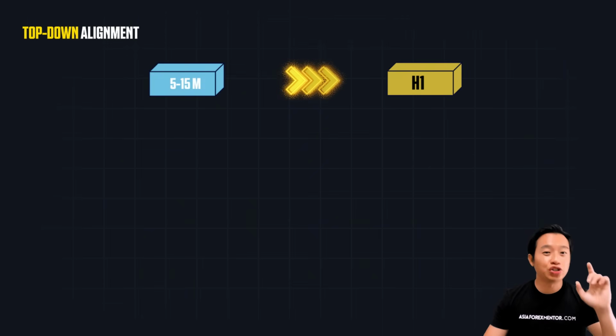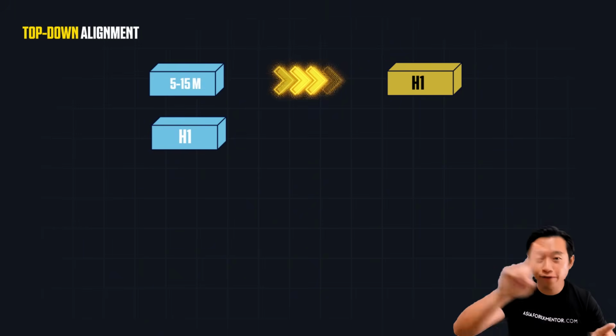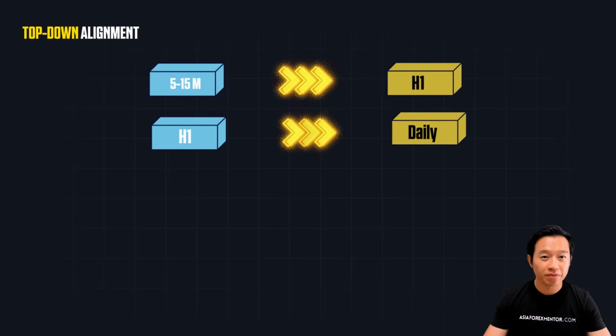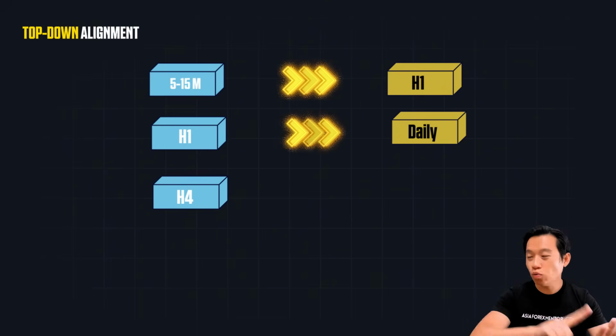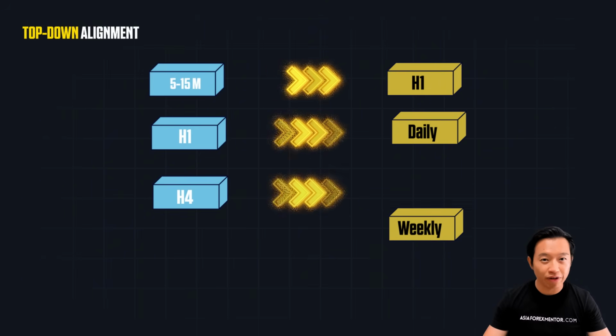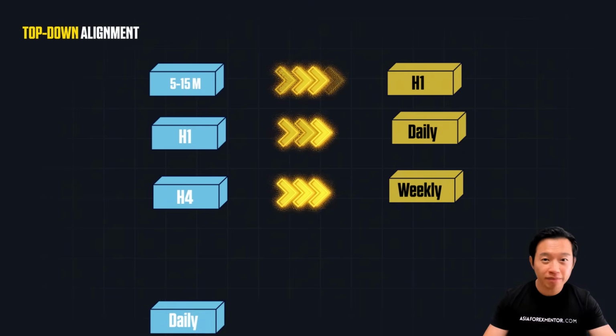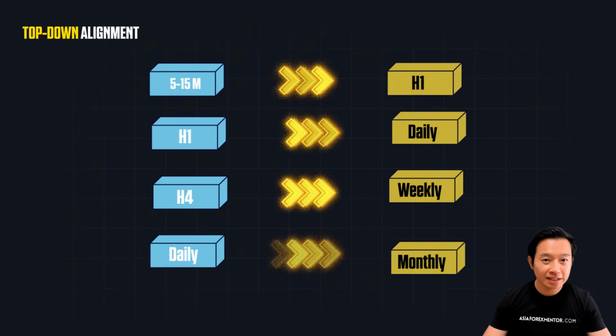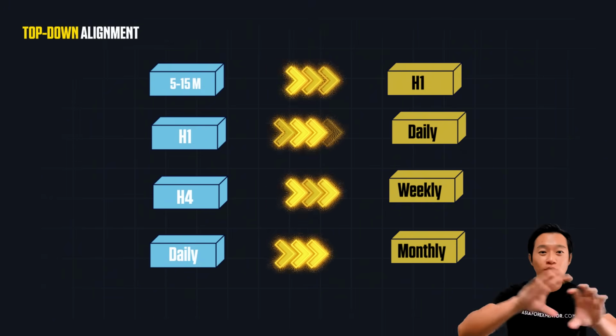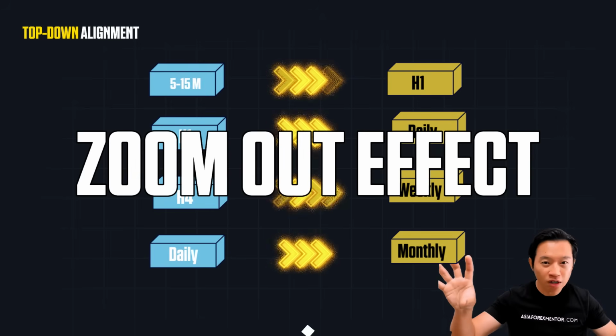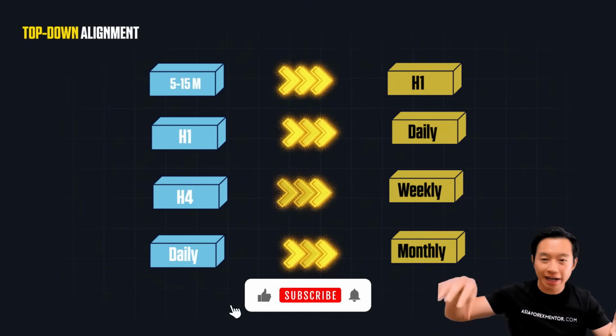If you're trading the hourly, your higher time frame is the daily. If you're trading the 4-hour, you would reference the weekly. And if you're trading the daily, you now reference the monthly. So this is the zoom out effect. This is how you stay in sync with the market rhythm.